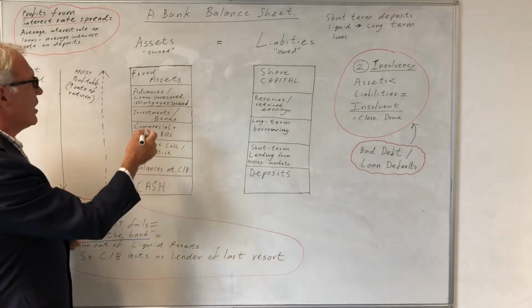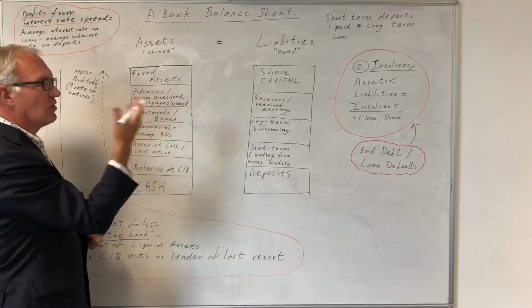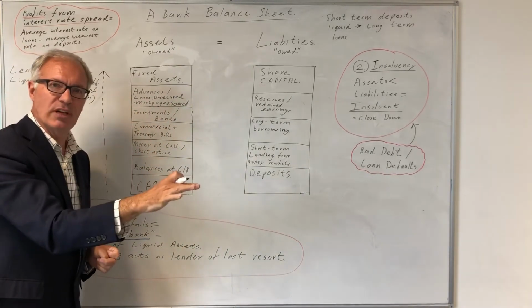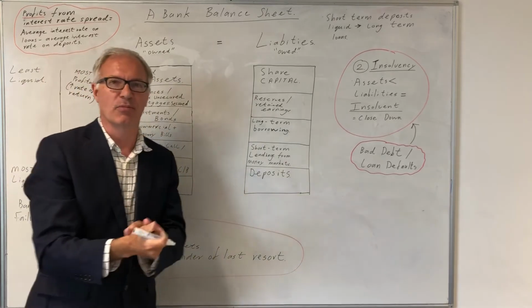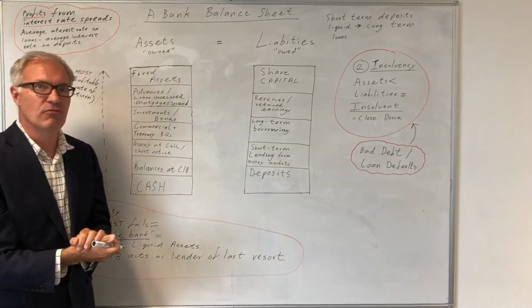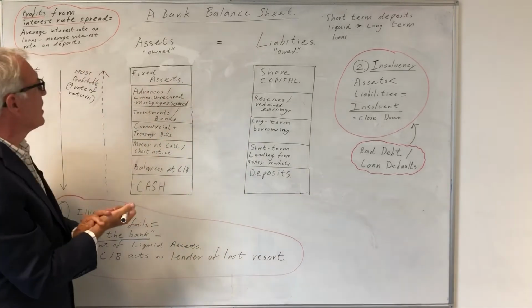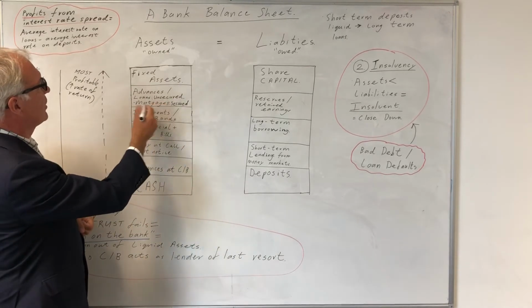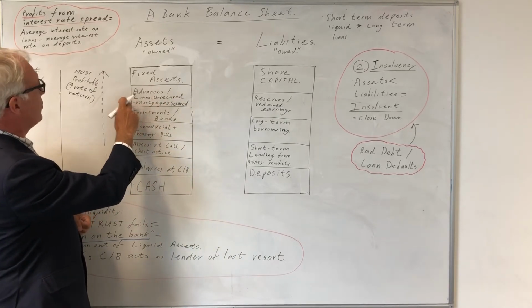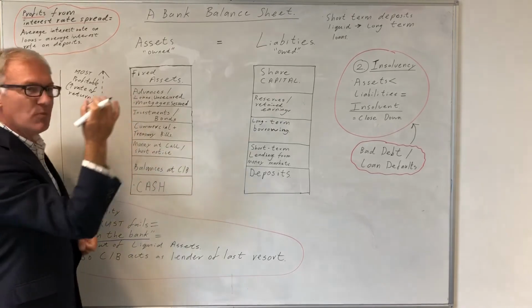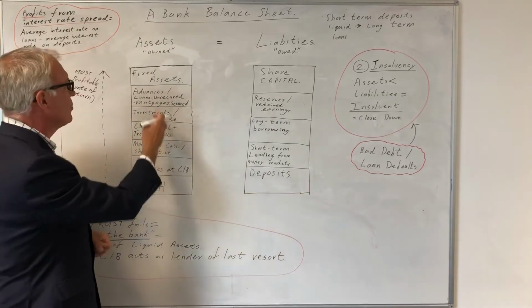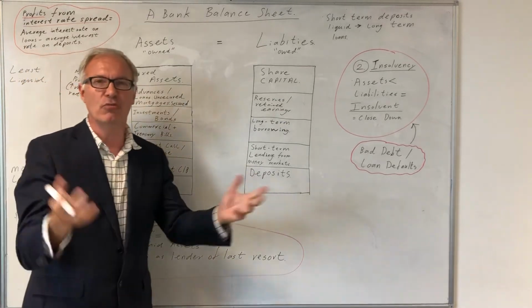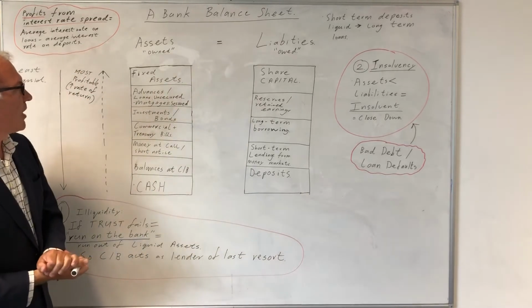So if you default on the mortgage, the bank can repossess the property and sell it and get a lot of the mortgage back. Mortgages are pretty profitable, a good rate of return, but even more profitable, but more risky, of course, are unsecured loans for new businesses or perhaps for individuals.